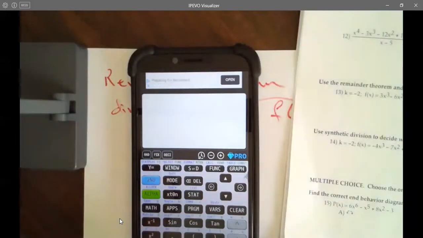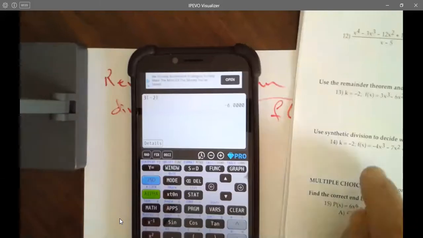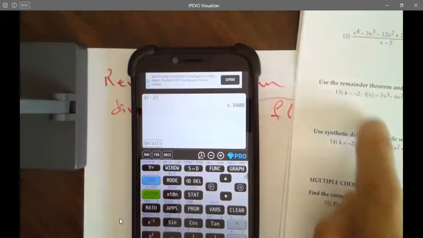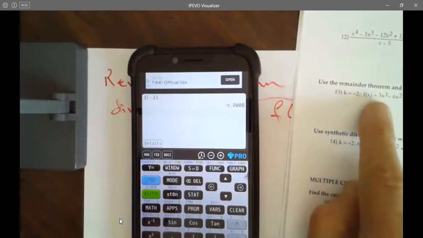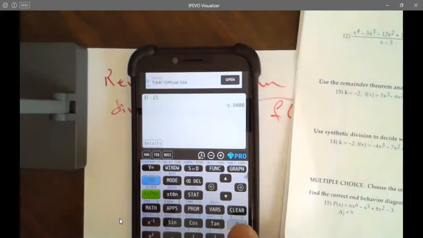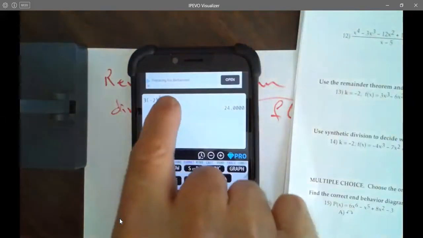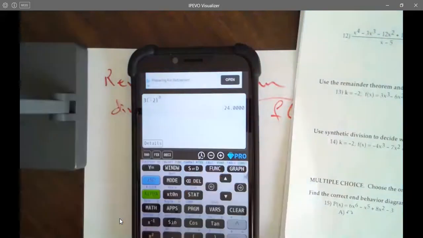So we're going to put in 3 and then parentheses and -2, close it, and then cube. So you hit the exponent button, cubed. And then for the TI, see how it's up here raised? Can you see that? Yeah, I can see that.